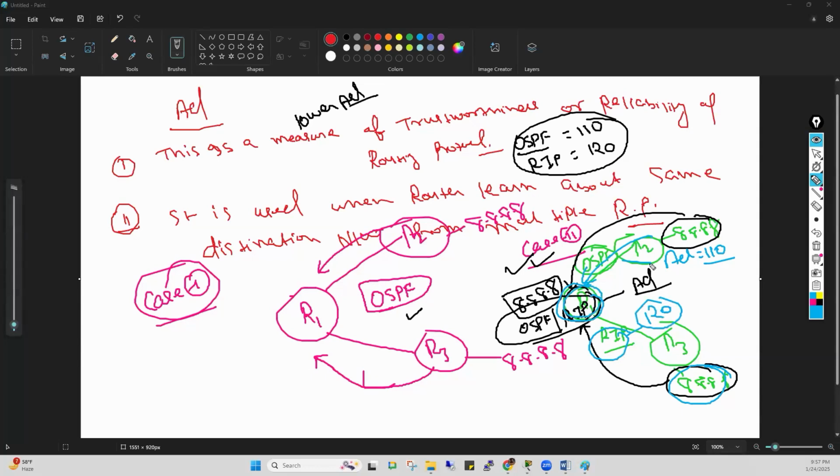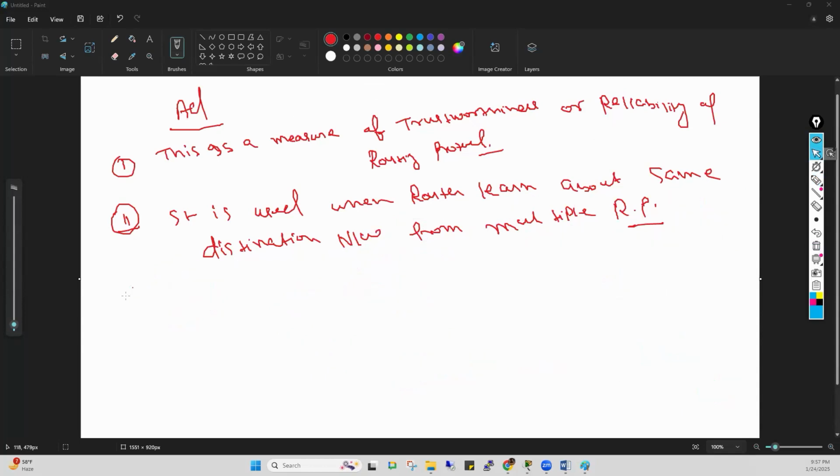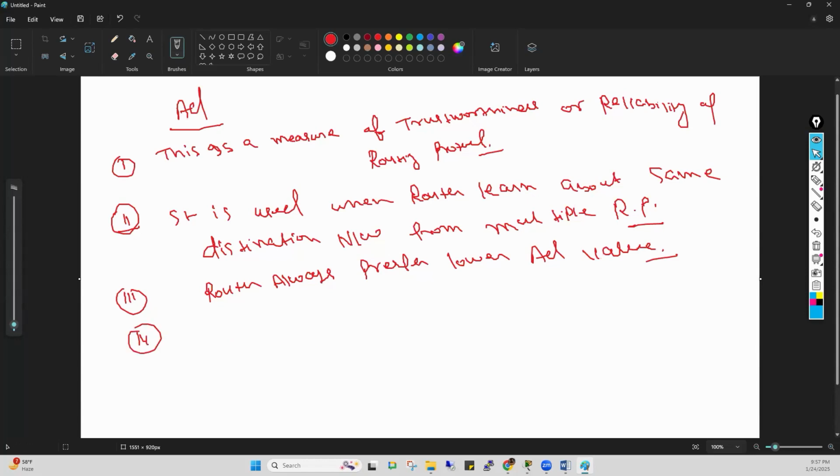So obviously this router will prefer OSPF, because the OSPF AD value is less than RIP. The router always prefers the lower AD value. Now, point number four.